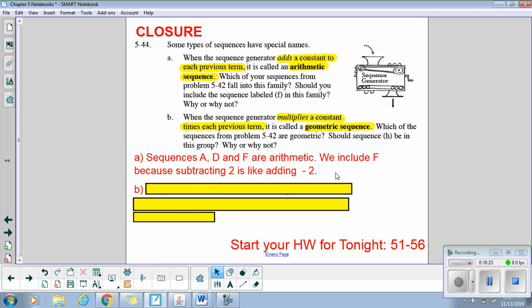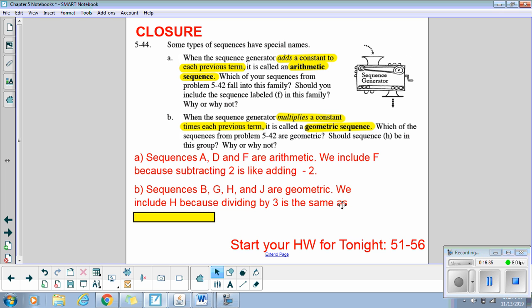And then in B, sequences B, G, H, and J are considered geometric because they have a constant multiplier. And we include H because dividing by 3 is the same thing as multiplying by the fraction 1/3. So that multiplication and division really go hand in hand. The addition and subtraction go hand in hand as well for arithmetic sequences.